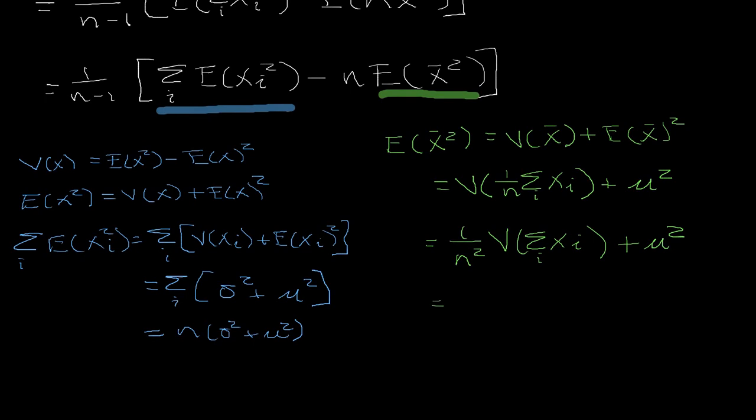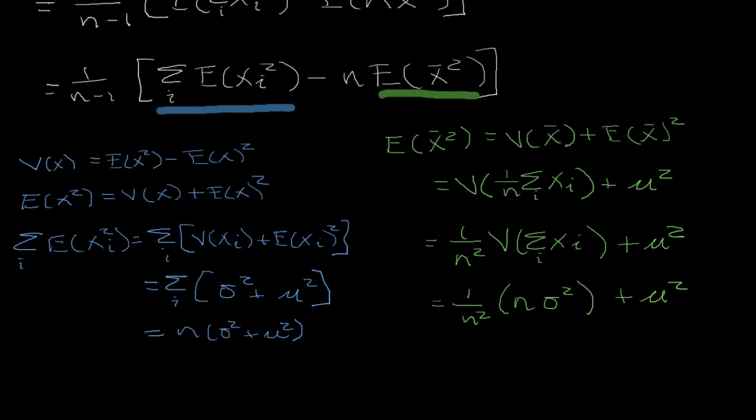Again, the variance of each xi is going to be sigma squared. So we're going to sum n times sigma squared. So this is what we're going to have: n times sigma squared, because the variance of the sum is the sum of the variances, plus mu squared.